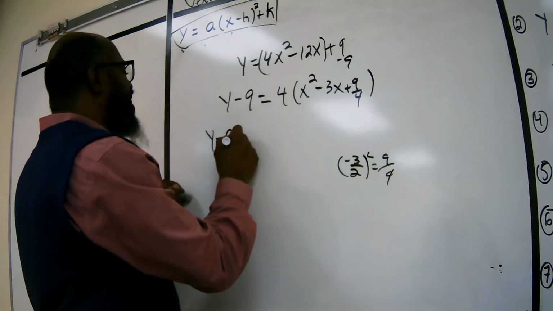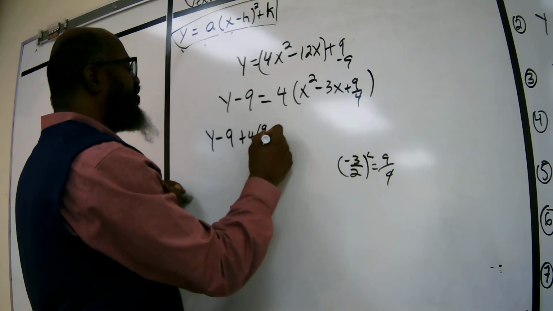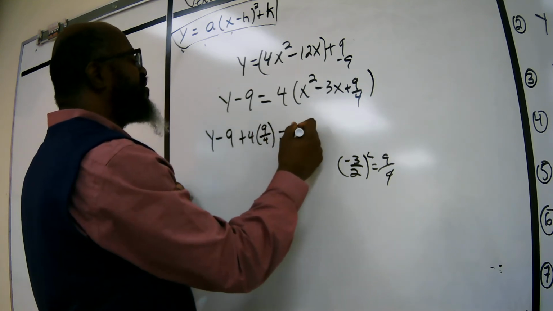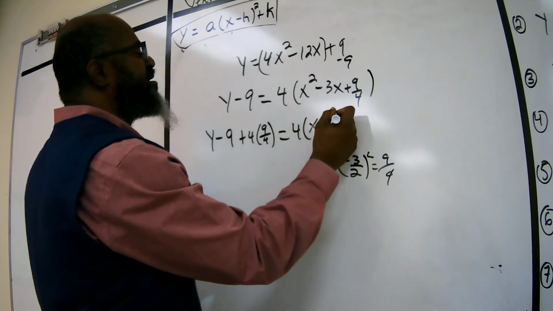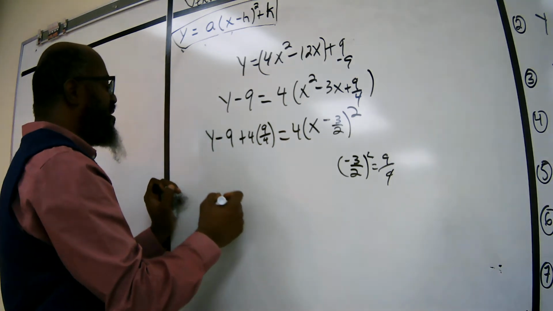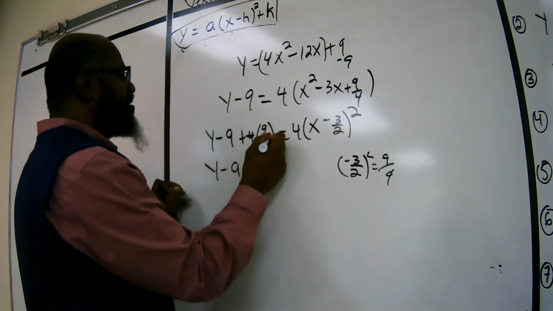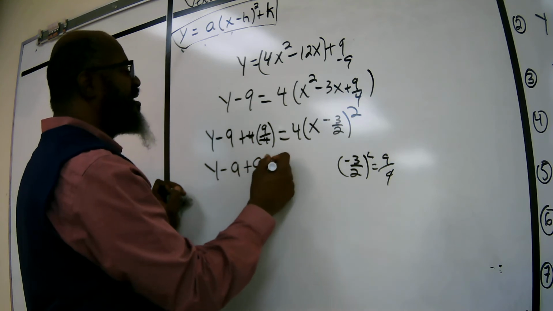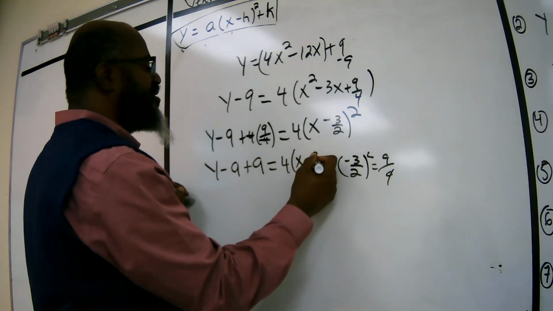Y minus 9 plus 4 times 9 fourths is equal to 4 times x minus 3 half squared. Then you will have y minus 9 that cancels, that gives you plus 9 is equal to 4 times x minus 3 half.